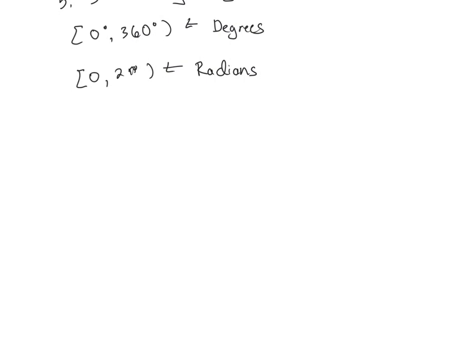So let's give a little bit of a reminder here. What if we had, let's say, tangent of x equals positive root 3. So first things first, we want to draw some pictures.